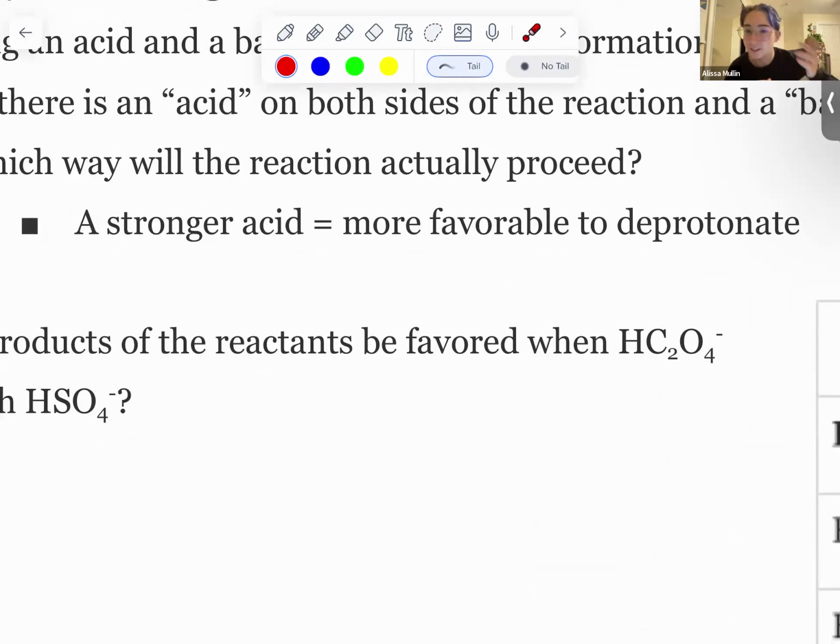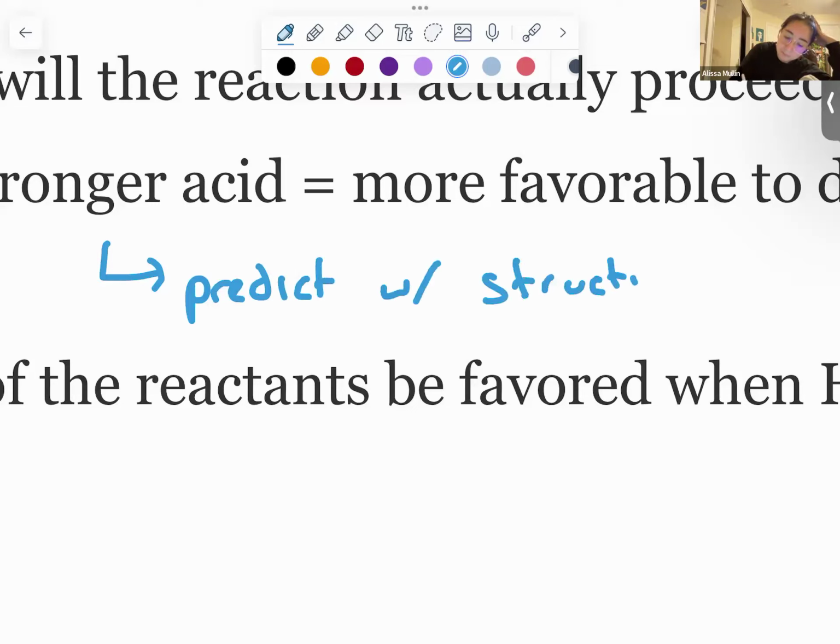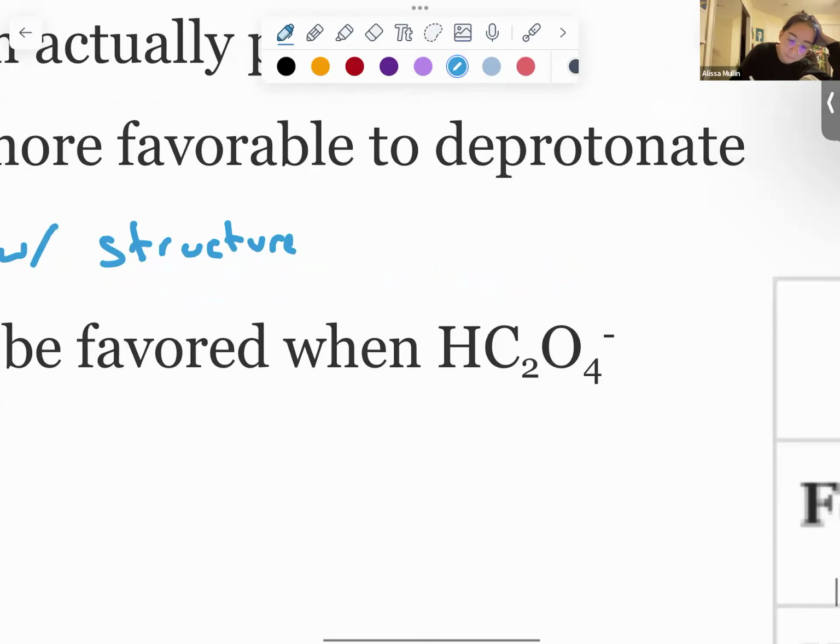It's more likely to donate that proton. So we could compare acid strength. Now you know the way to do it with structure, or if you're given Kas or pKas.